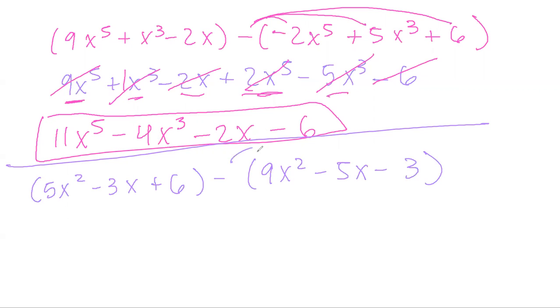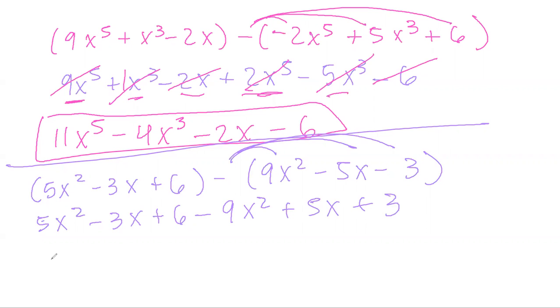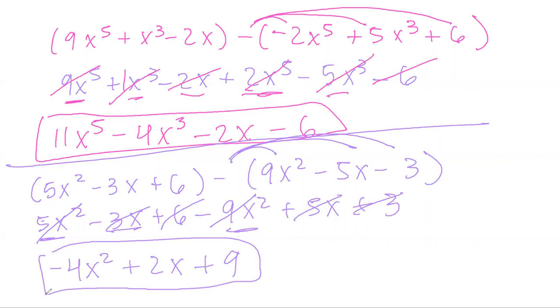So again, distributing the minus onto everything, I have 5x squared minus 3x plus 6 minus 9x squared plus 5x plus 3. And then starting with the highest powers, 5 minus 9, which is negative 4x squared. And then negative 3x plus 5x, so that's plus 2x. And then lastly, 6 plus 3 is plus 9.